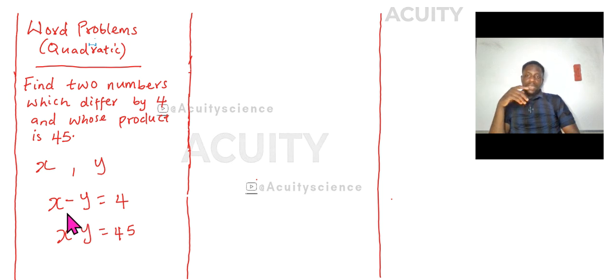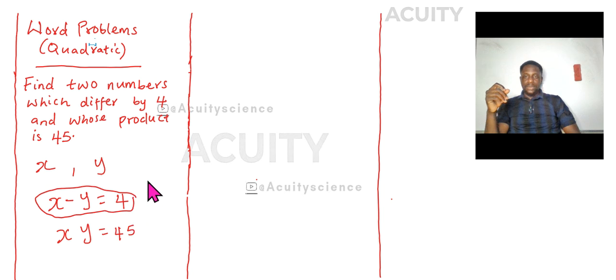So I will make x the subject of the formula there. Then I'll put whatever I get as x here. So let's go. For this first equation, I'll make x the subject. x becomes equals 4 plus y.